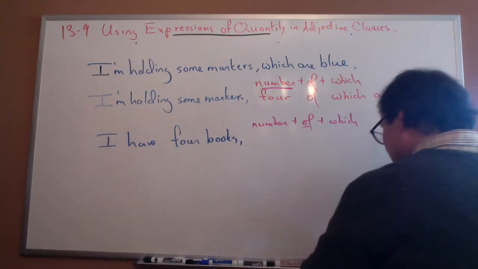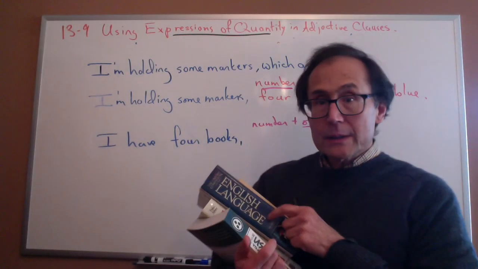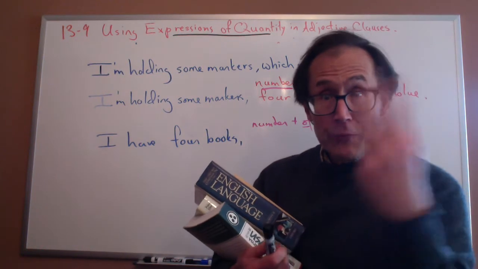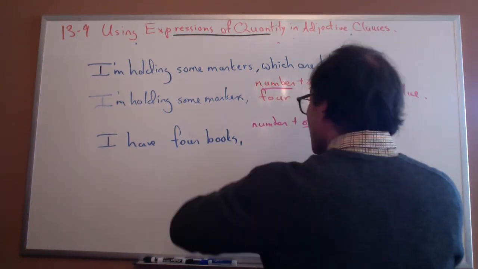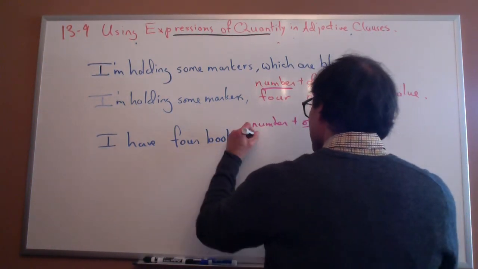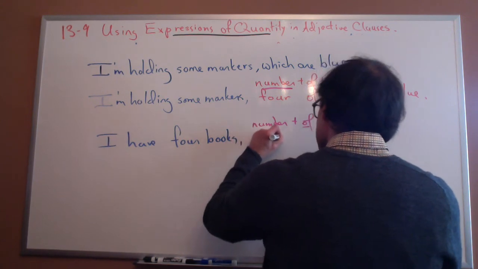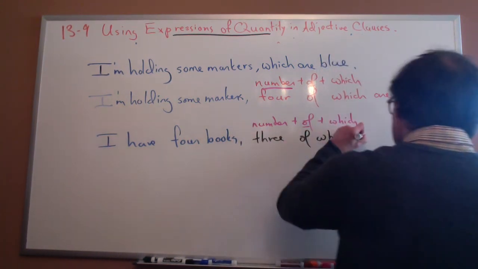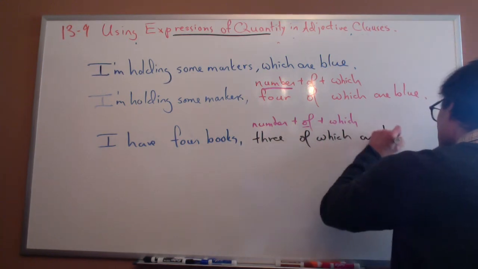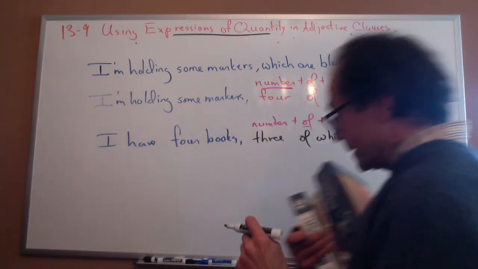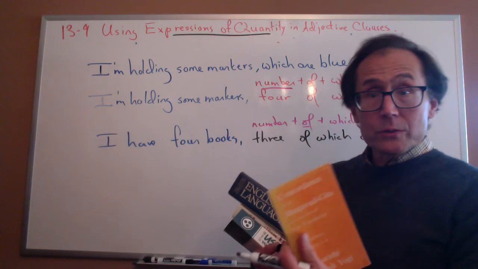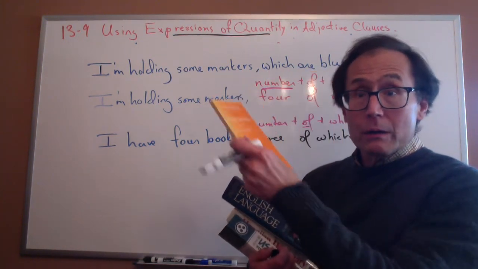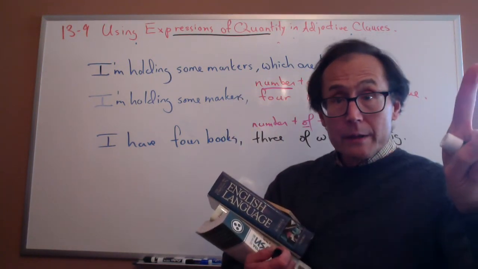So I'd say I have 4 books, and then I say how many are big? 3. So I'd say I have 4 books, 3 of which are big. And then I might also want to say, how many are small? 1.